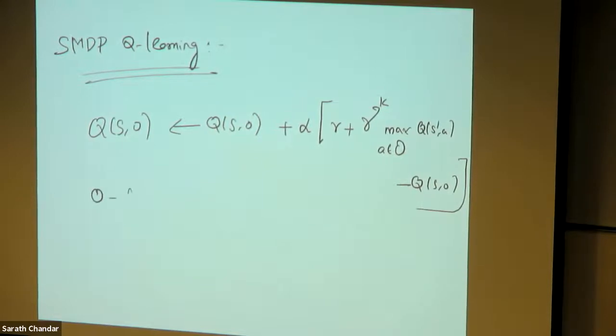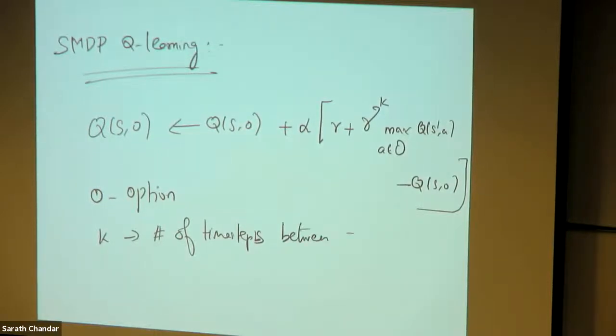So O is my option, and K is the number of time steps between S and S dash. That is equivalent to the capital N that we discussed previously. This option takes K steps. And R is not just a one-step reward.